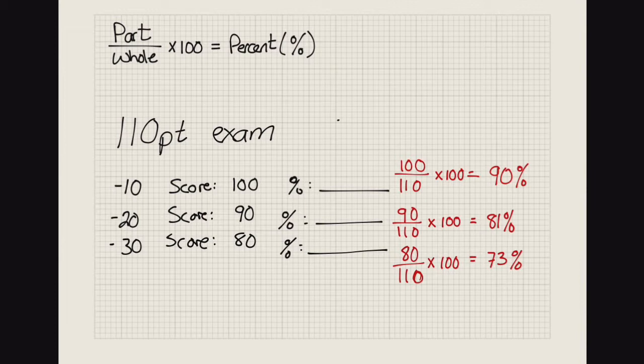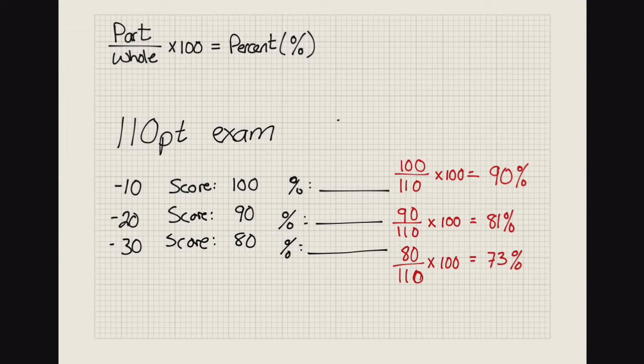I never did the multiply by 100 thing because I always did it in my head. If I did 100 divided by 110, I got 0.9. In my head, I knew that was 90%. But on paper, you still need to multiply it by 100 to get that 90%.